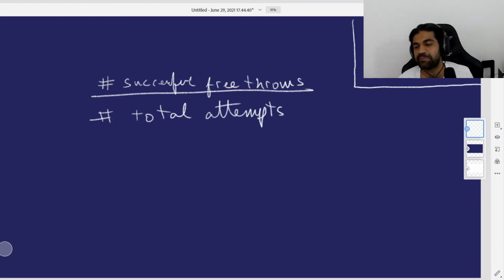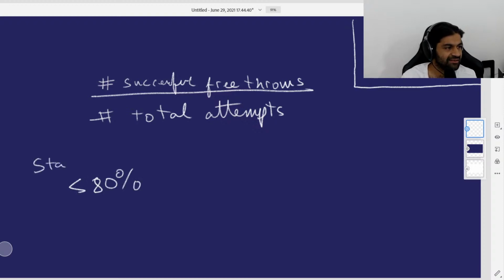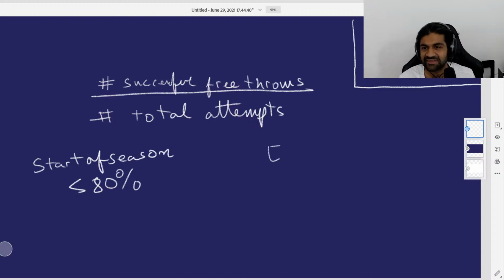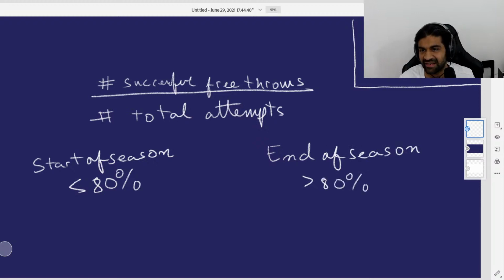At the start of the season, this number is less than 80%. At the end of the season, it just so happens that this number is greater than 80%.